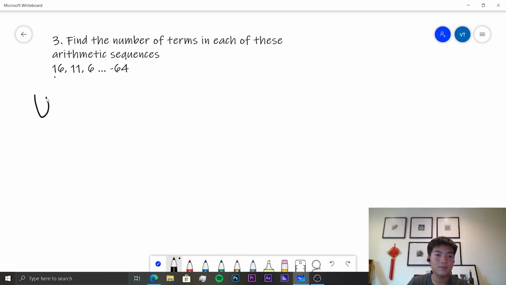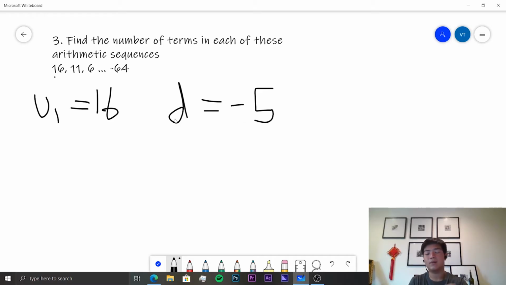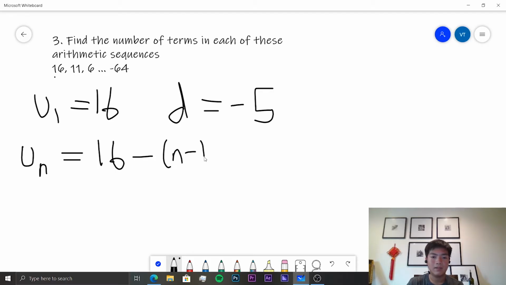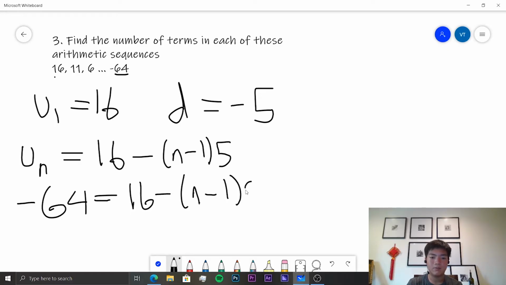We still have the first term equal to 16, and the common difference equal to negative 5. In these kinds of problems, you always want to find the nth term first, and then you can usually work out whatever you need from there. So the nth term is equal to 16 minus n minus 1 times 5. To find which term is negative 64, we substitute negative 64 as the value of the nth term, and equate it to 16 minus n minus 1 times 5.